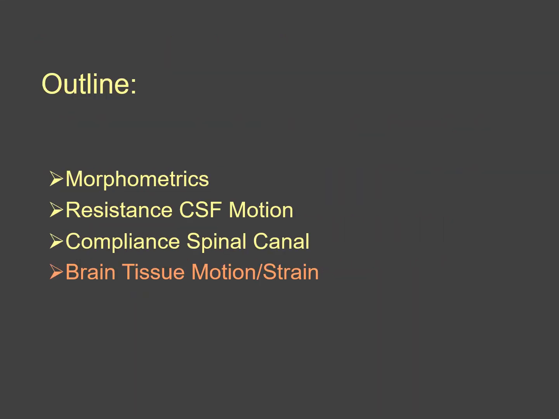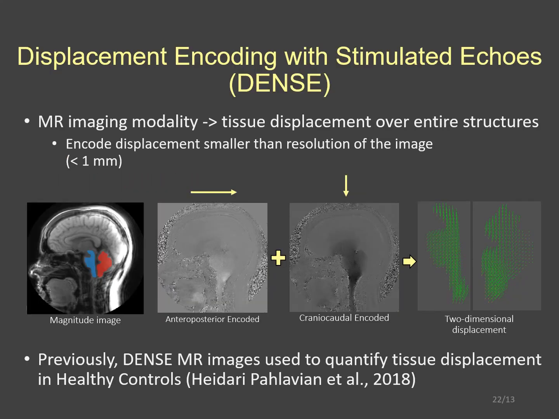All right, next I'd like to talk about brain tissue motion and strain. Working with Dr. John Oshinsky, we've been using the displacement encoding with stimulated echoes, or the acronym DENSE. DENSE is a special MR modality that can measure tissue displacement over a large structure.